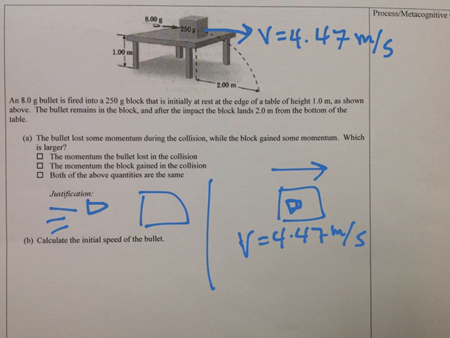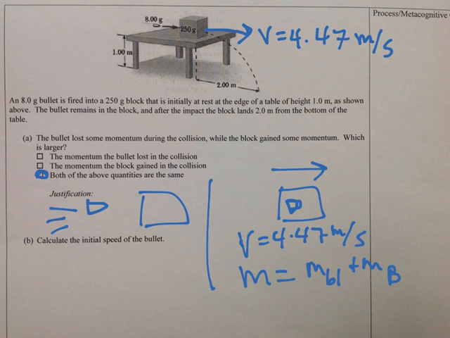Alright, we know the mass of both the bullet and the block, so we can figure out this mass. It's just whatever the mass of our block is, plus the mass of the bullet. And before, we already said that both our momentum quantities must be the same.